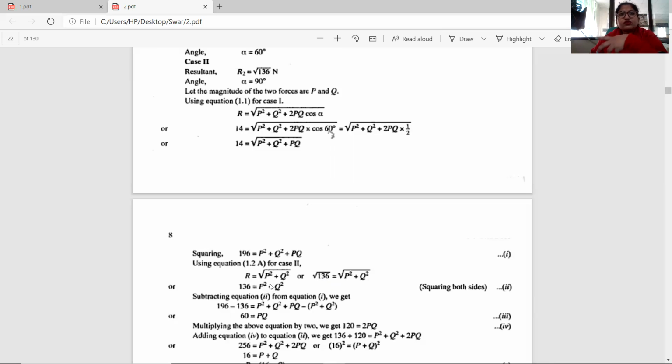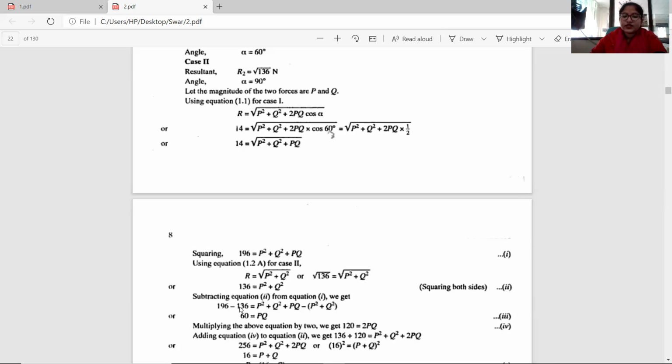Now what we have to do, the simple thing, is solve these two equations to find the value of p and q. So subtracting equation 2 from equation 1, we get 196 minus 136 equals p square plus q square plus pq minus the bracket of p square plus q square.